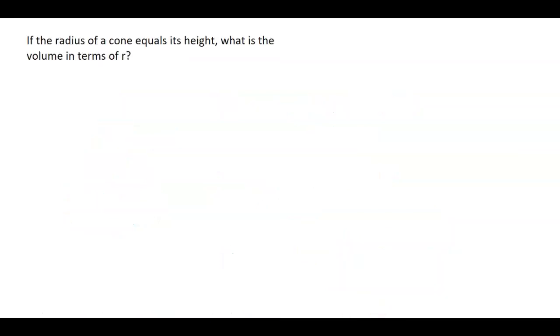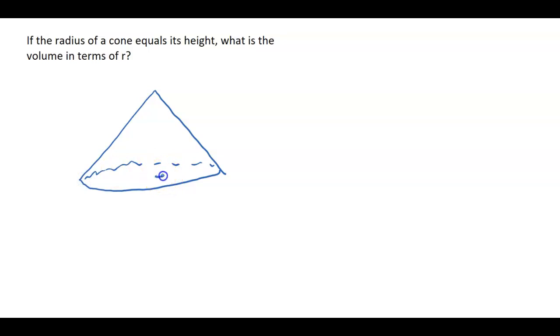Okay, here's our last example. If the radius of a cone equals its height, what is the volume in terms of the radius? Okay, so this is going to look sort of, well, I messed up, didn't I? Forgot I was doing a cone. There we go.